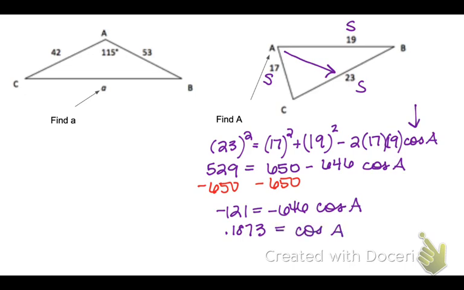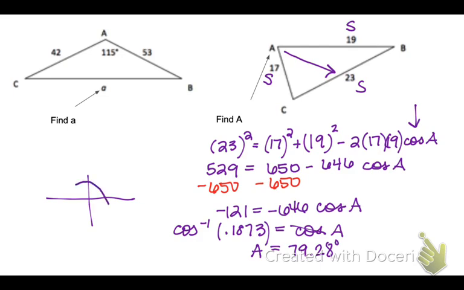Anytime that we're working with angles or finding the angles, we have to use our inverse. So we would type into the calculator inverse cosine of 0.1873, and the calculator is going to tell us that our solution is 79.28 degrees. Cosine is a one-to-one function, so if you think about your cosine graph, when it crosses your axis, it's going to cross at the peak or the valley.